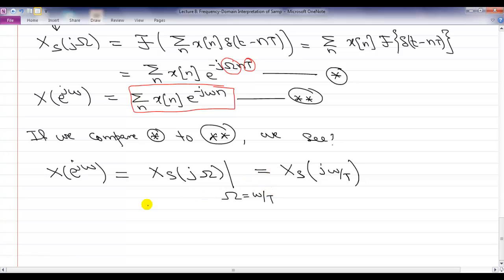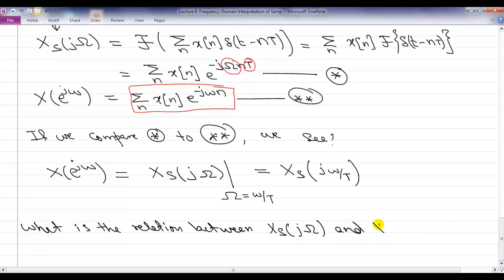Okay. Now, let's also remind ourselves, one of the first things that we did was ask, what is the relation between Xs(jΩ) and the input X(jΩ)?